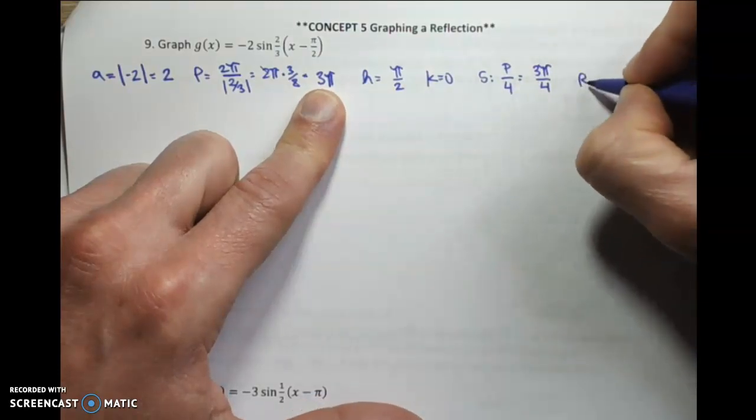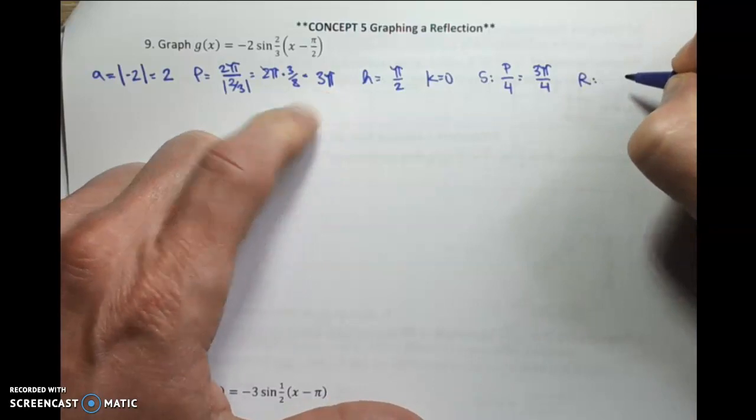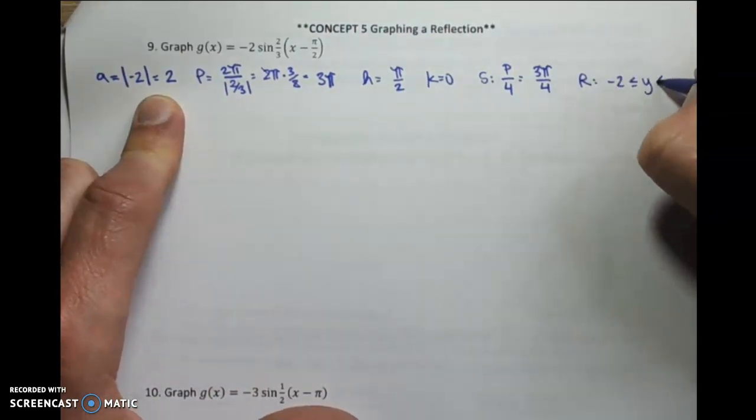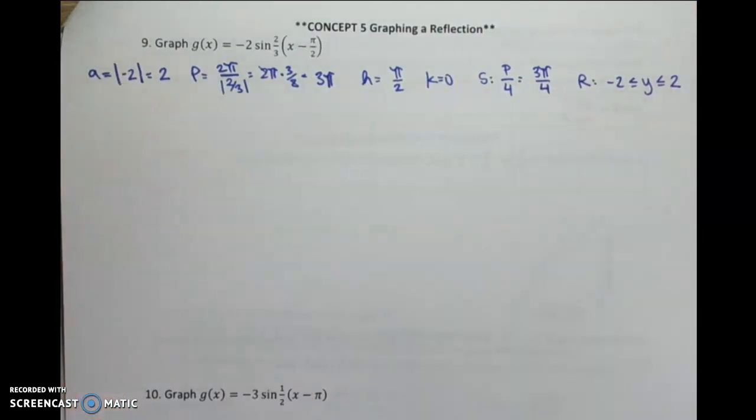And then my range is negative 2 is less than or equal to y, which is less than or equal to 2. Okay, so there's a lot going on there, and I'm even going to extend this a little bit.